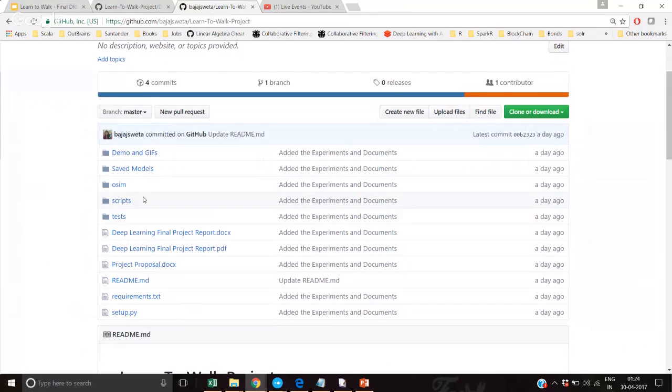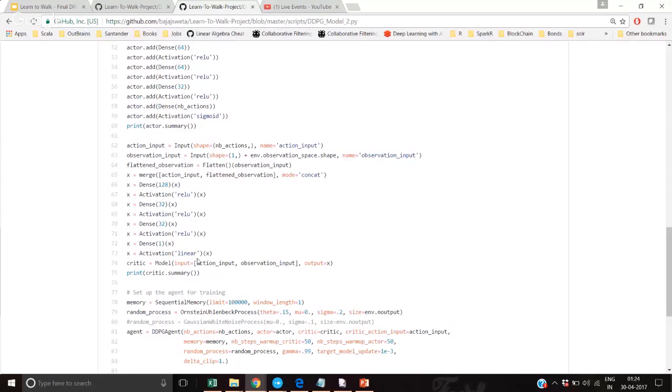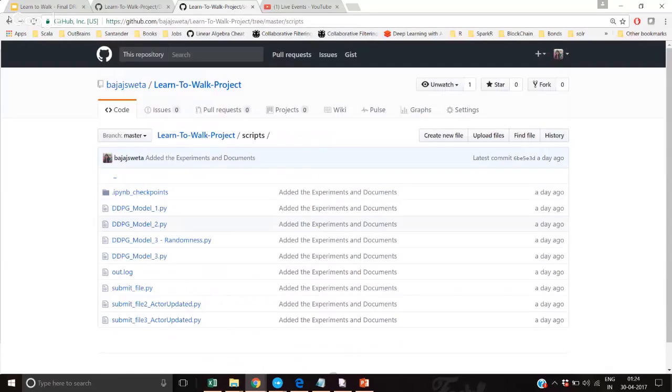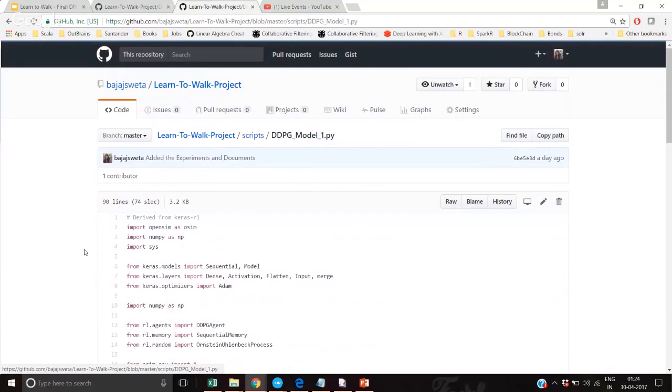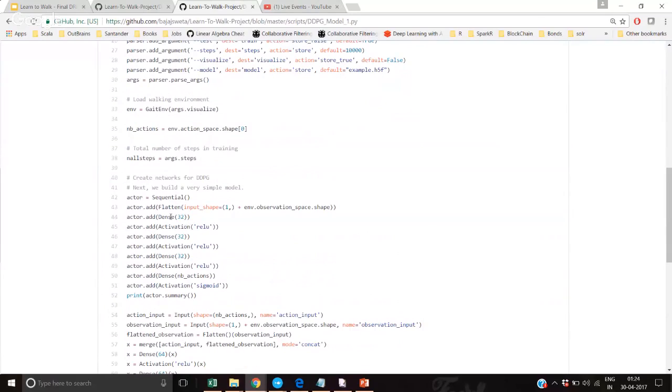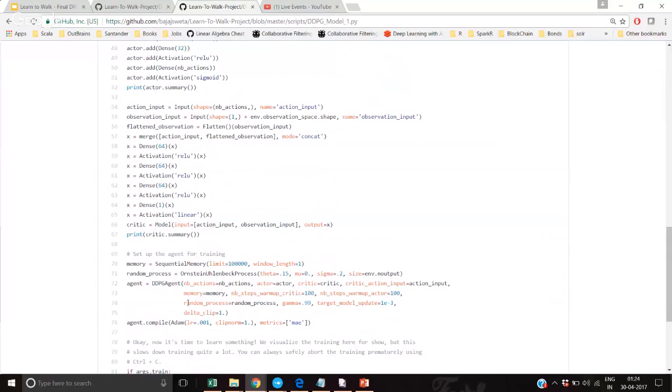This is the critic, and this is basically the DDPG agent that I was just showing you. This is about model 2, sorry, and this is about model 1. Model 1 was taken with 32 dense layers and with sigmoid and linear function and with the same criteria here. Let's see about model 3.